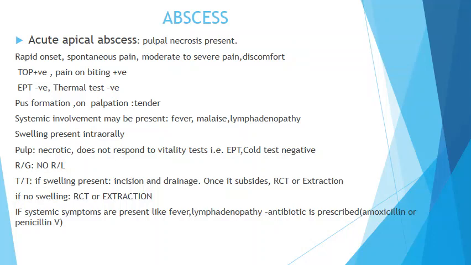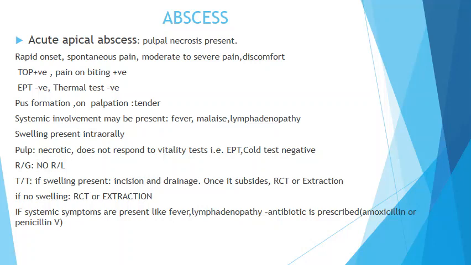Moving on to the next part, which is abscess. Acute apical abscess. Now what is abscess? It is a localized or diffuse liquefaction lesion of pulpal origin which destroys the periradicular tissues. So basically it is an inflammatory response to the irritants from a necrotic pulp.